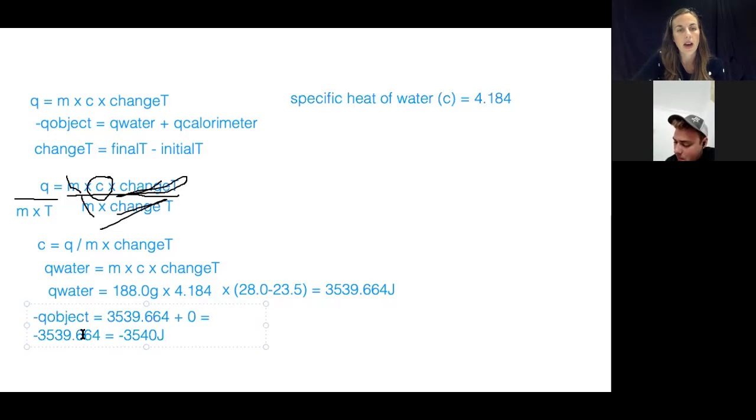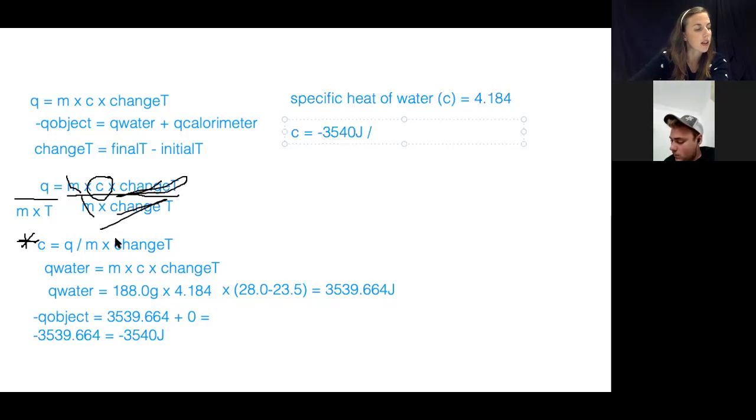All right. Now I have all the pieces that I need to solve for the specific heat of the object, which is what they asked me for. So now I'm using this equation right here. All right, so we're going to start over here. C is equal to Q, which I just found here, negative 3540 joules, divided by mass.